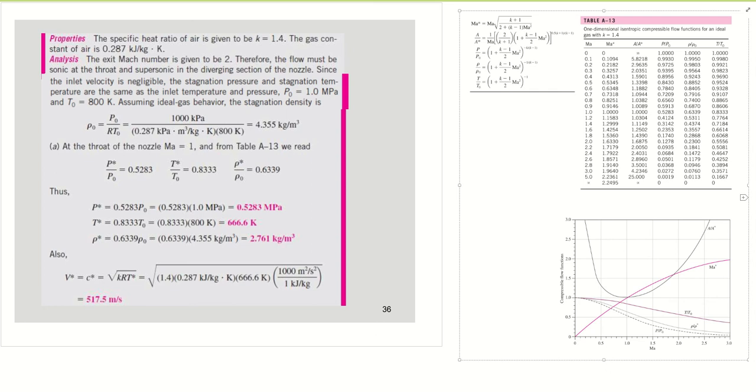At the throat, the Mach number is equal to 1.